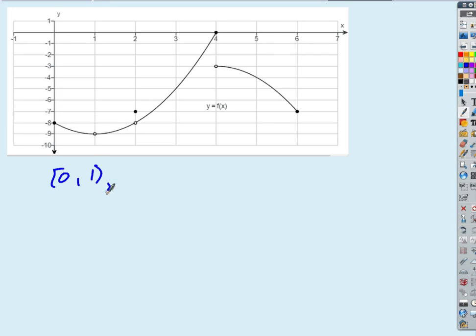And then they use unions, commas. Then 1 to 2 with parentheses. Then 2 to 4, parentheses then bracket. And then 4 to 6, parentheses then bracket. Good. We get that? He's got this. All right.